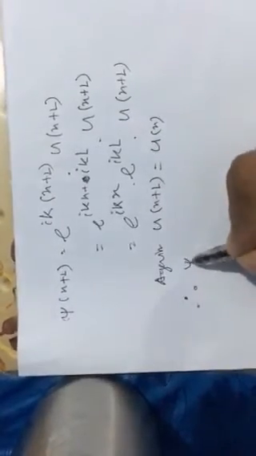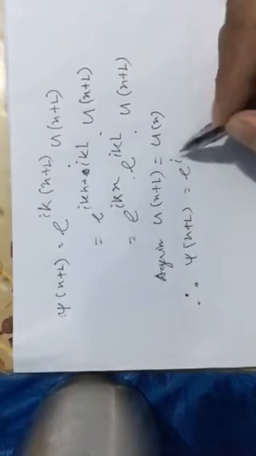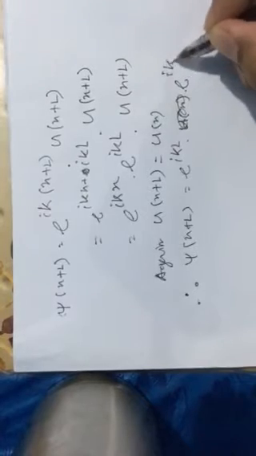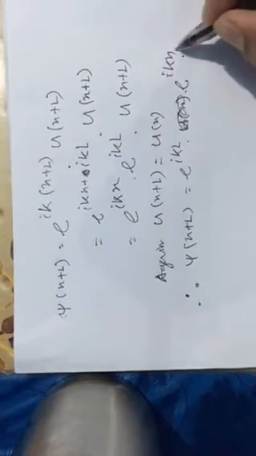Therefore we can write psi(x + L) is equal to e to the power ikL into e to the power ikx into u(x). So we replace this by u(x).